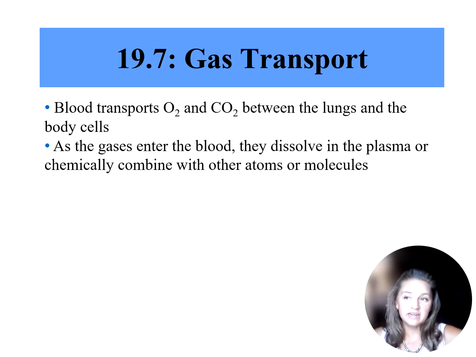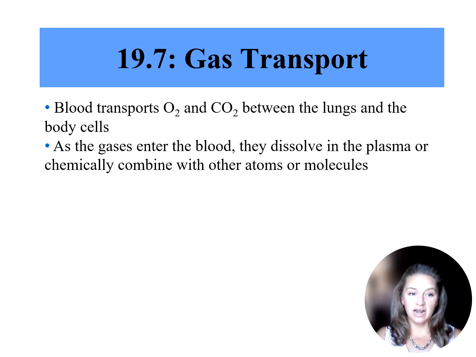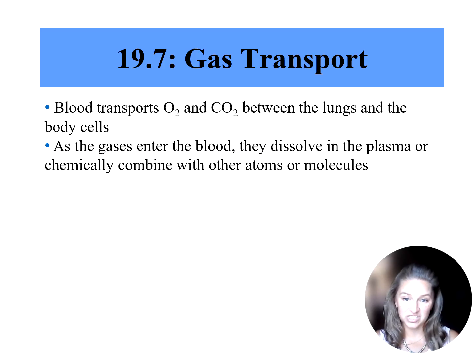Carbon dioxide is also nonpolar, but carbon dioxide does not have a transport molecule like oxygen does. Carbon dioxide goes through what's called a buffering system. This buffering system converts carbon dioxide, which is nonpolar, to the bicarbonate ion, which is a charged ion, which is soluble in water, blood.